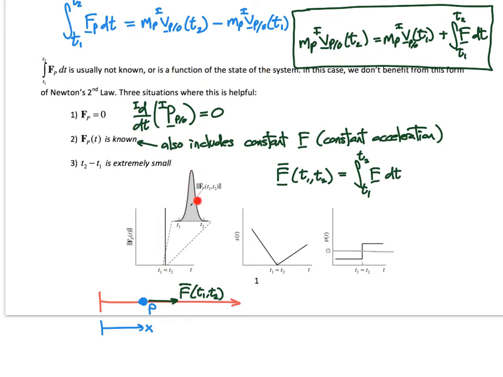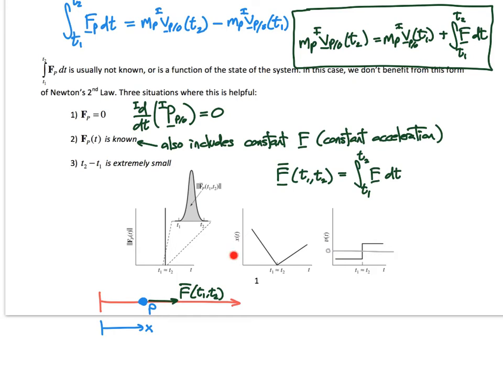It does have an area under the curve, and that's how it's going to fit within this impulse momentum equation that we have here. But what we see here is that when we apply this instantaneous force with sufficient magnitude, we get an instantaneous change in momentum.